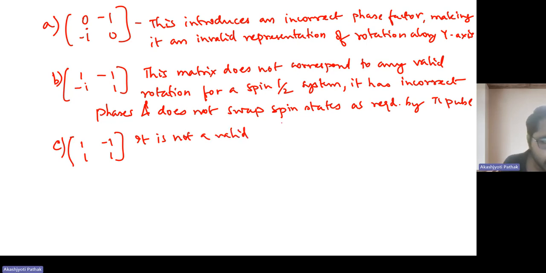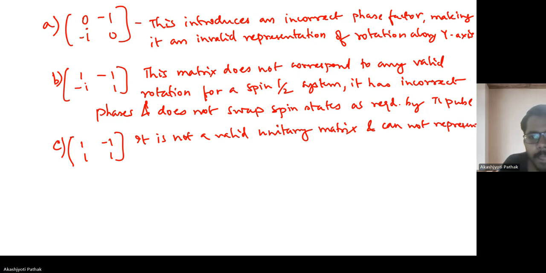It is not a valid unitary matrix and cannot represent a rotation operation in quantum mechanics.